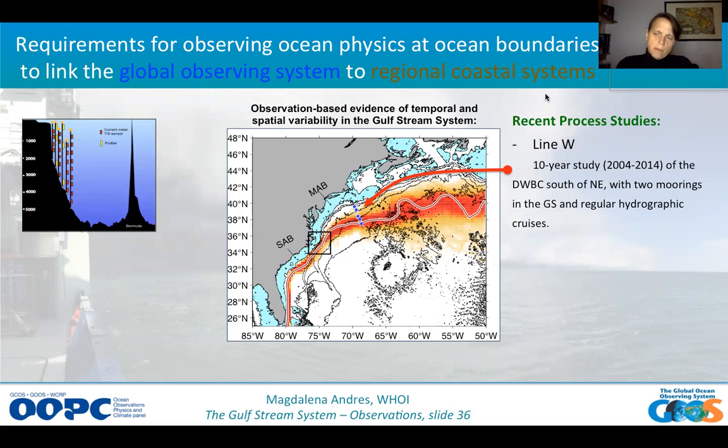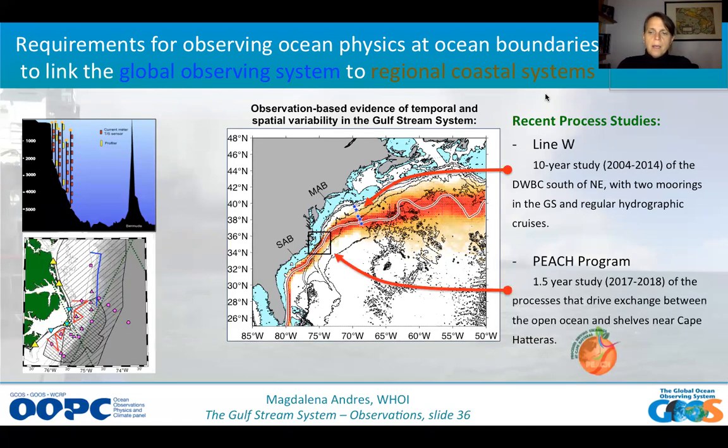Even though the focus of that study was on the deep western boundary current on shore of the Gulf Stream, those data are still useful for helping us to characterize the Gulf Stream, especially the deep part. And then the Peach program was a 1.5 year study from 2017 to 2018 of the processes that drive exchange between the open ocean and the shelves near Cape Hatteras.